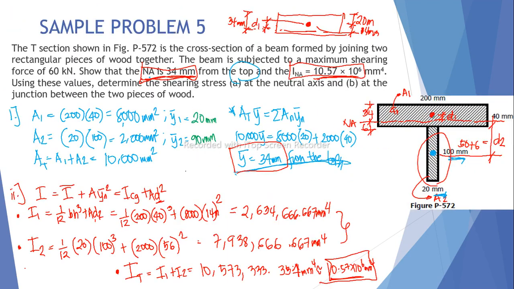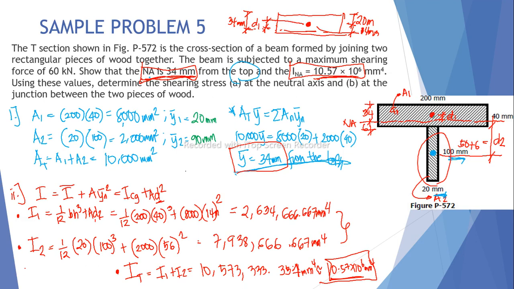So again, what we did first is, since this is not a normal section, this is a T section, we listed the given, and then we found the location of the centroid for the whole section. Area 1 has its own centroid, and area 2 also has its own neutral axis.